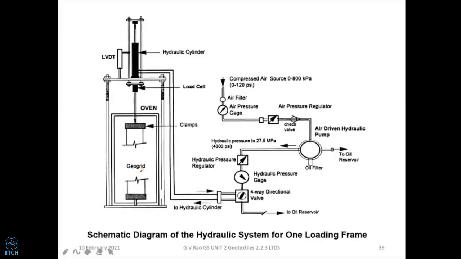Very interesting. We have the same kind of equipment that we use for tension testing, except that the sample which is gripped, in this case a geogrid, though it can be any kind of material, is in a box. This box is like an oven. That means in the tension testing machine we are putting a box. In fact, when we worked at IIT Delhi, we had an Instron universal testing machine that came with a box also.